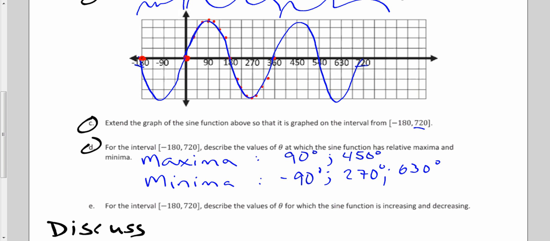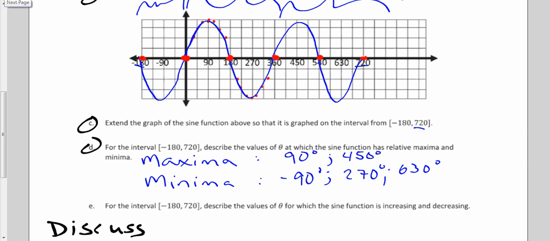Zeros, zeros, zeros. Bam. Okay, good. Does everybody see where the zeros are? Now, if I ask you to name those zeros, it would be negative 180, 0, 180, 360, 540, 720, and I could go on and on, right?